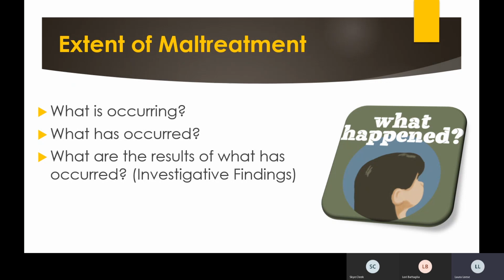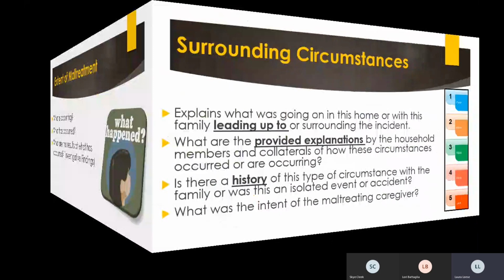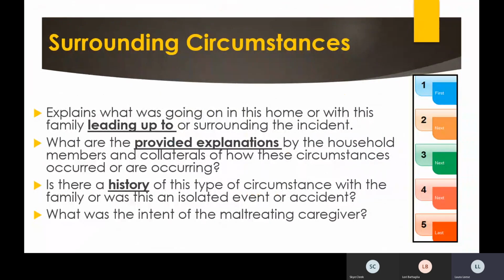Underneath the extent of maltreatment, that is only completed by the Child Protective Investigations. It is grayed out as a domain that case management is not able to complete. After extent of maltreatment, the next one is the surrounding circumstances.